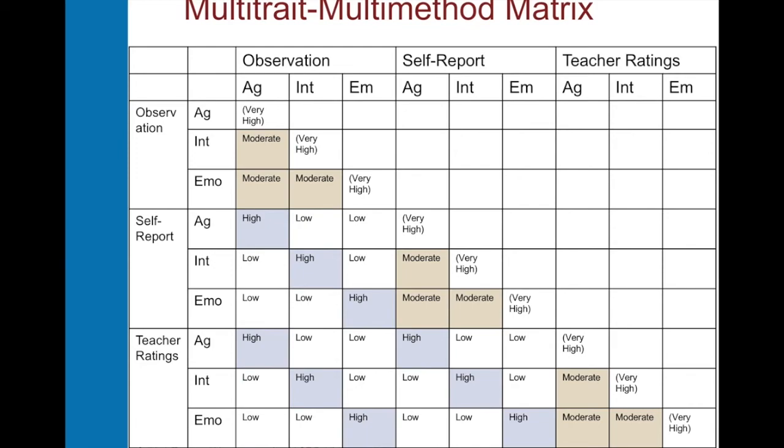What you want is basically high correlations between the different methods that are being used to measure the same traits. So aggression as being measured by observation, you would want this to be highly correlated with aggression as being measured by self-report and aggression as being measured by teacher ratings.